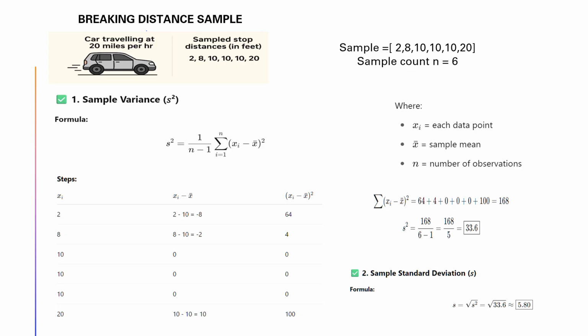We have xi listed, and then xi minus x bar, where x bar is the mean, which is 10, and then (xi minus x bar) squared is also given. When we calculate the sum of that, it comes out to 168 divided by n minus 1, which is 6 minus 1, which is 5, and variance is 33.6. The square root of variance is the standard deviation, which is 5.8.